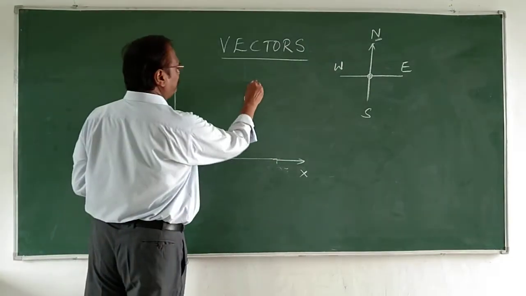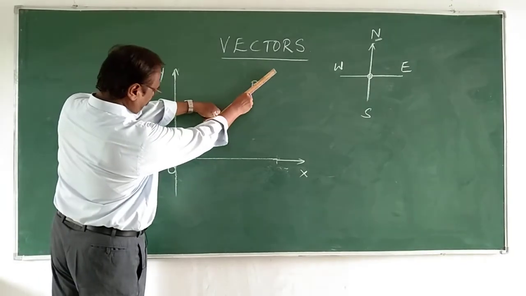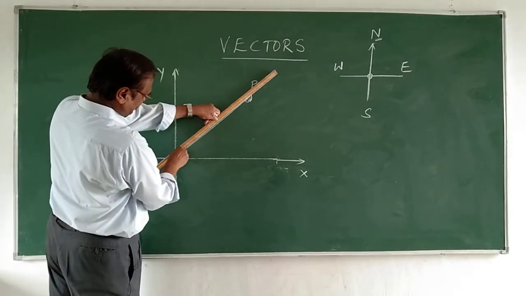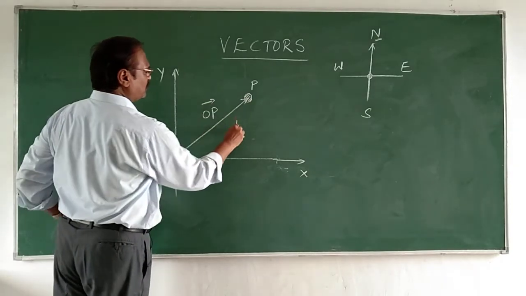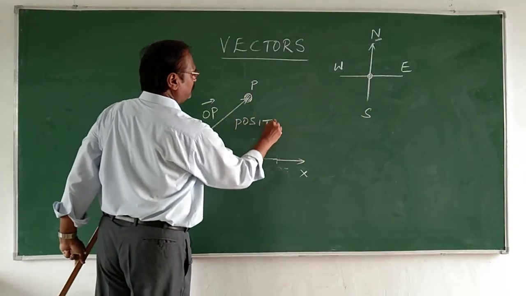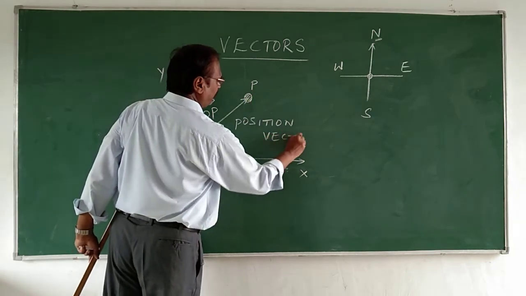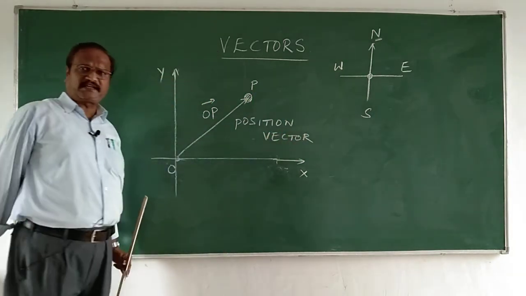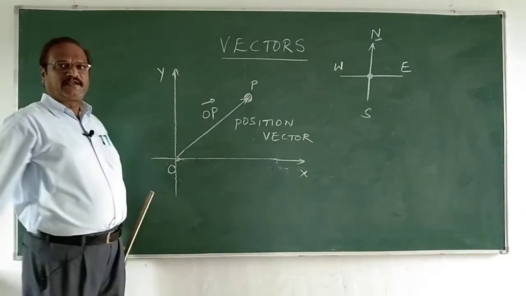This is the point P and this is the point O, the origin. So I join them with a line like this. This OP vector stands for position. This is called a position vector. OP is the position vector. This is the red coin.